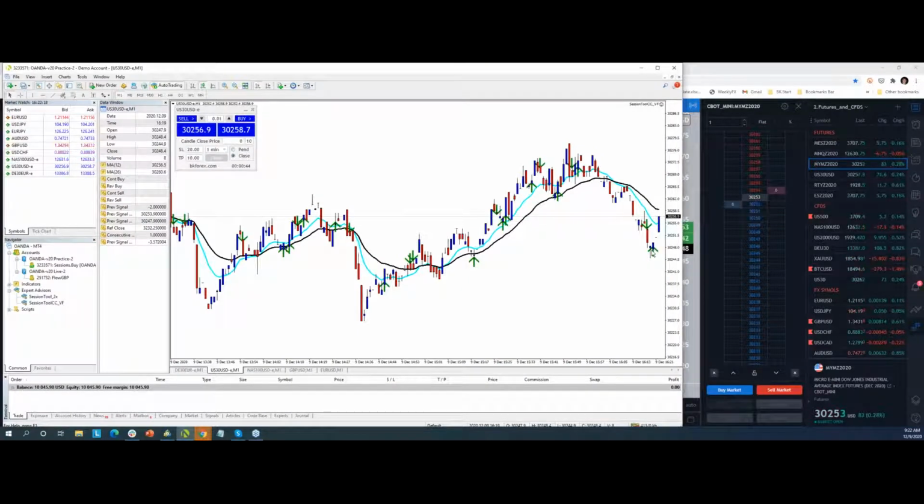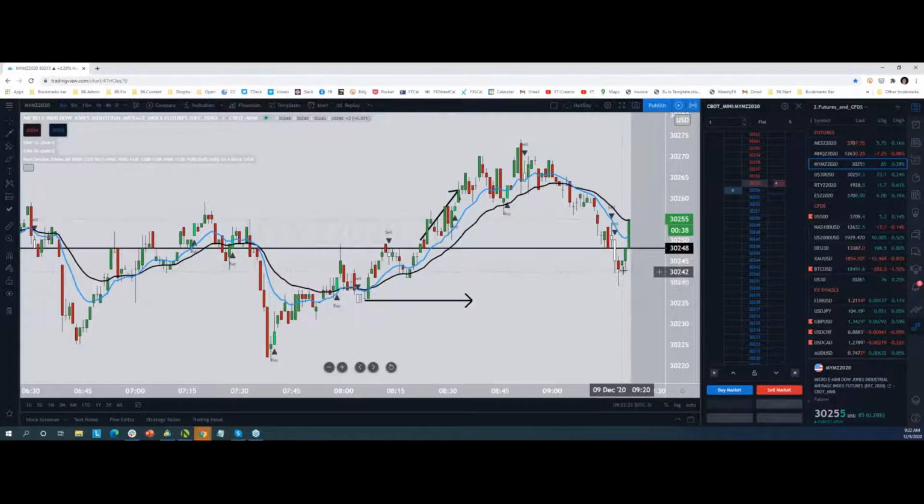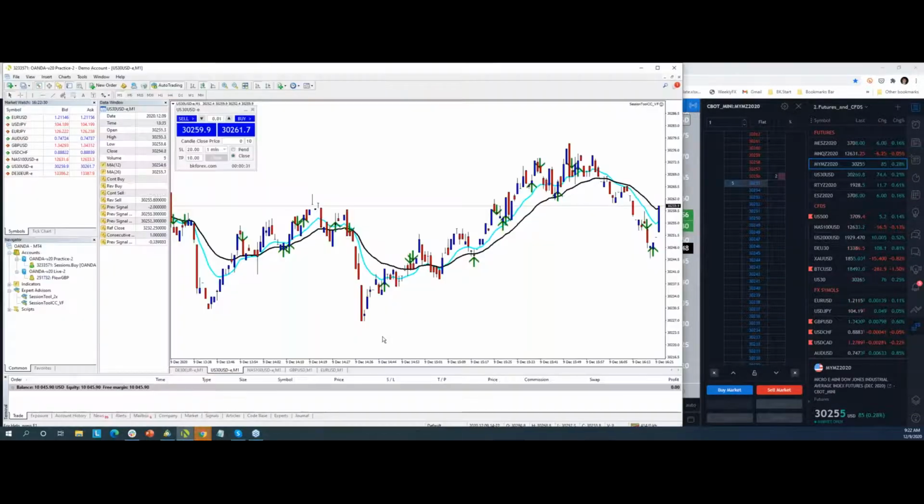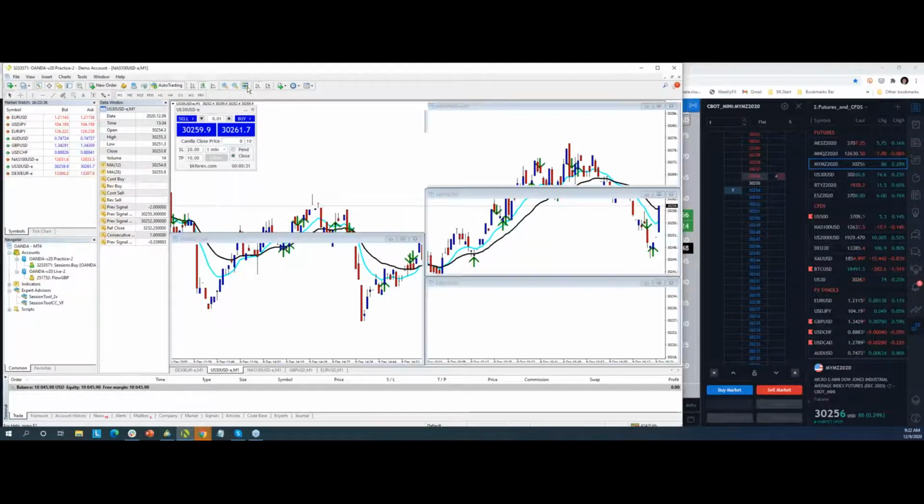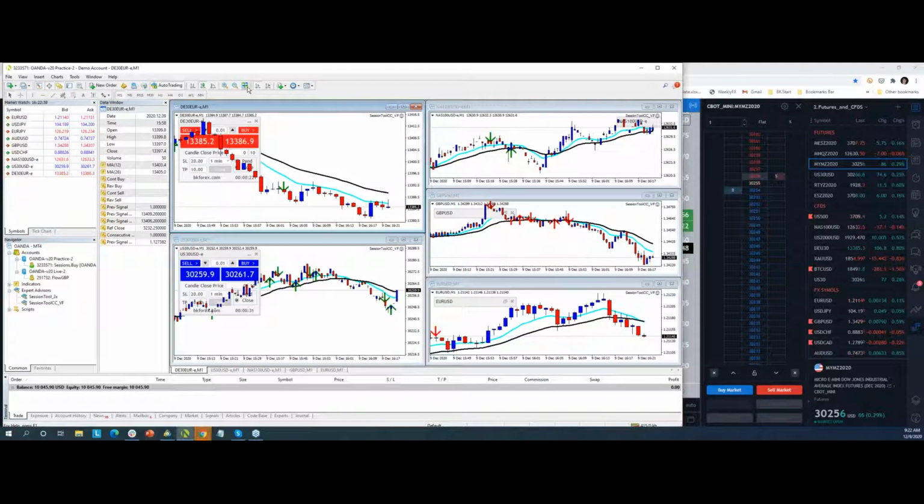I guess on the CFDs it's showing an arrow. Fine, so we'll take the CFD look. On the CFD there's an arrow here. What's the low? Let me just double check. Yeah, that's correct.